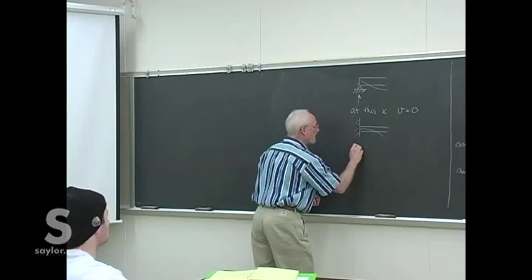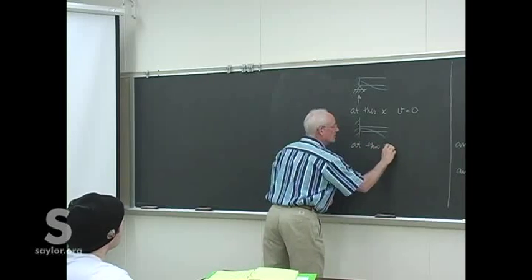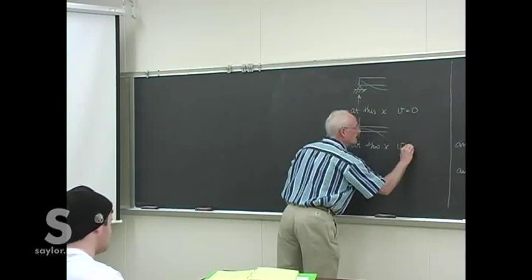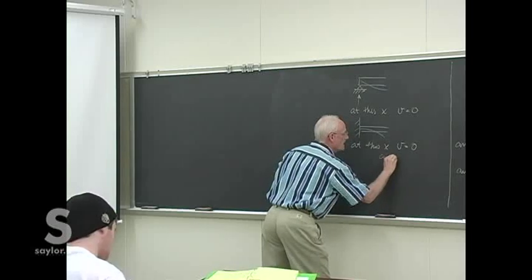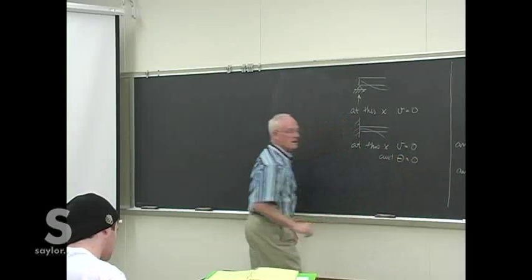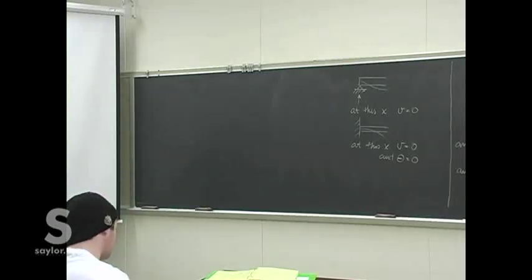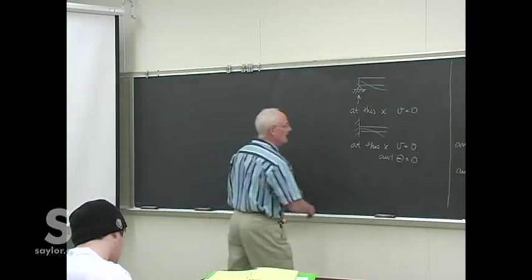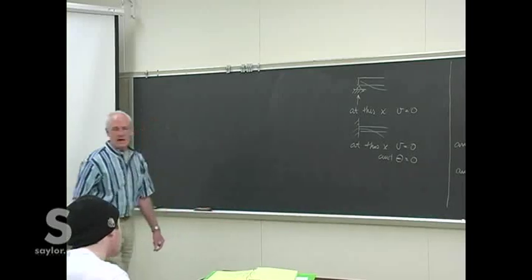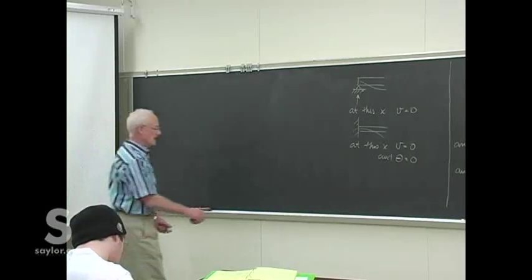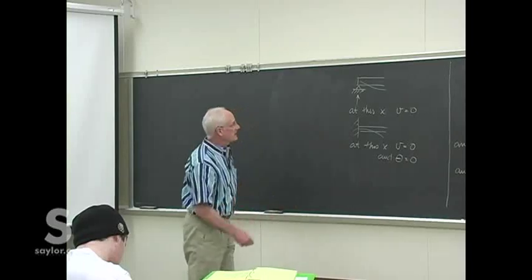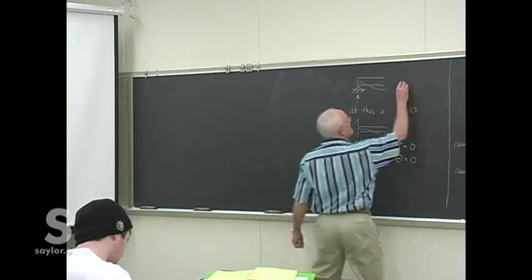But it's also true that the slope will be 0 right at the wall there. That's what cantilever supports do. That's one of the purposes of them, that there'll actually not be any slope at that point. And we'll bring in other boundary conditions as we need. Those are just probably the two big ones.